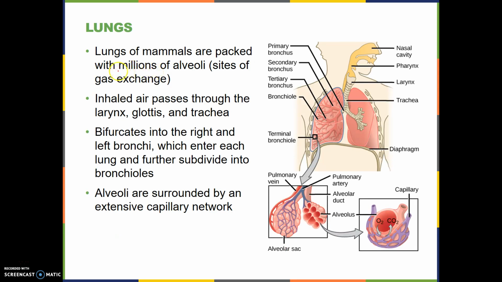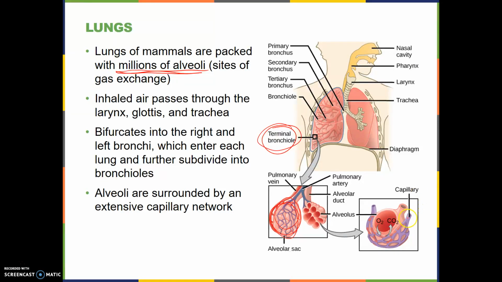Mammalian lungs contain millions of alveoli. That increases the surface area the more alveoli that you have. You can see here, this is a terminal bronchiole, which is what the alveoli are attached to. And alveoli are kind of grouped. They almost look like a cluster of grapes. Many alveoli in a little cluster, like a cluster of grapes.